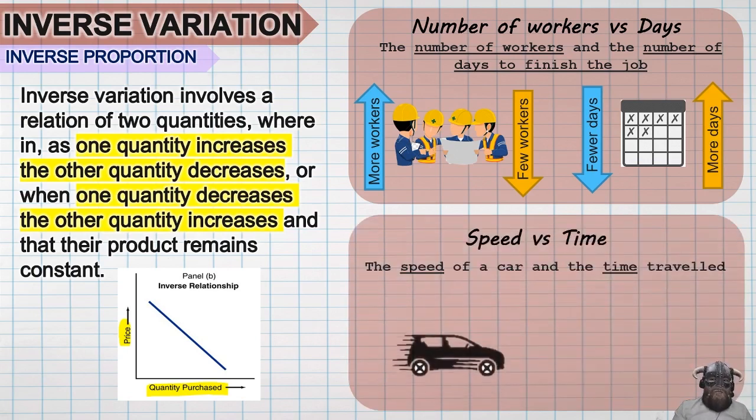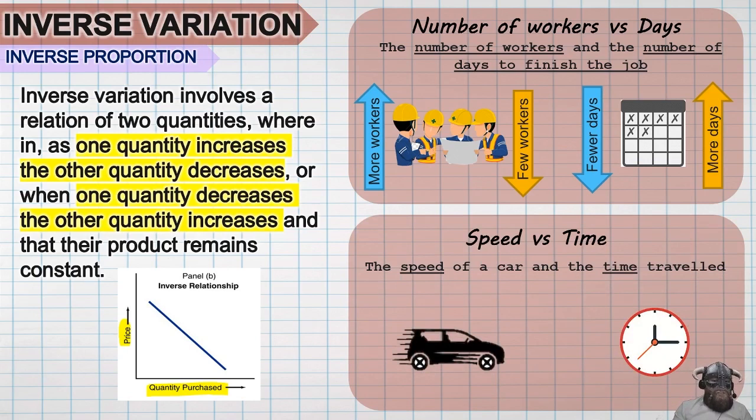Now, another example of inverse variation is speed versus time. The speed of a car and the time traveled. Speed ulit, pero this time, naka-partner naman siya sa time. Pag mas mataas yung speed ng sasakyan, mas maiksi yung time na makakarating ka dun sa pupuntahan mo.